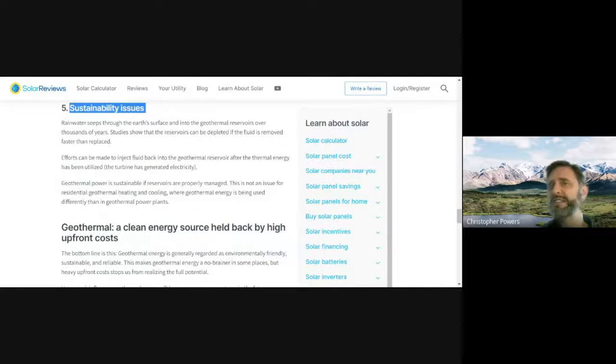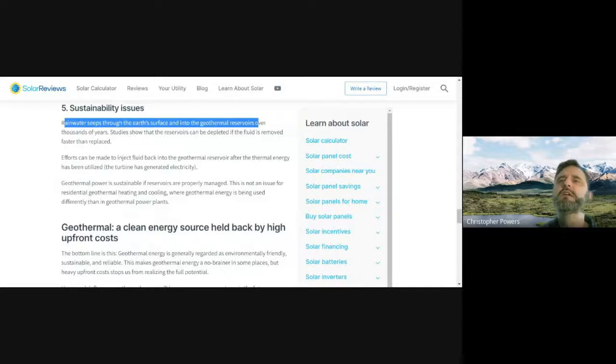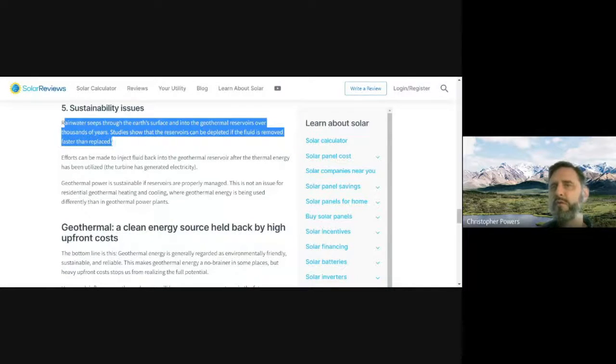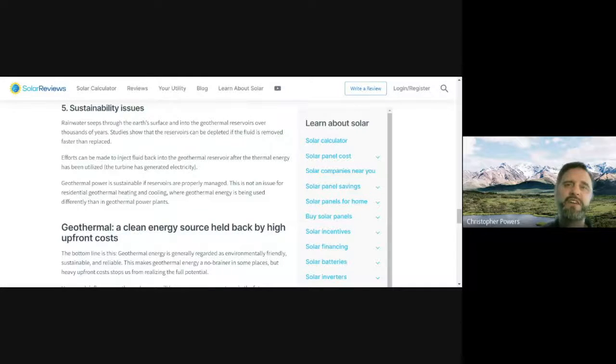So rainwater can seep through the Earth's surface and into the geothermal reservoirs over thousands of years. Reservoirs can be depleted if the fluid is removed faster than it's replaced. So you can technically suck it dry. So it's contradicting the renewable part of this whole thing.